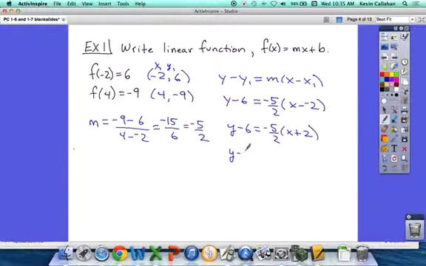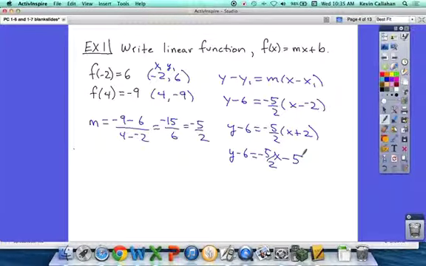Y minus 6 equals negative 5 halves x. And what do you get if you multiply negative 5 halves times 2? Minus, oops, sorry, x. And that'll be minus 5.